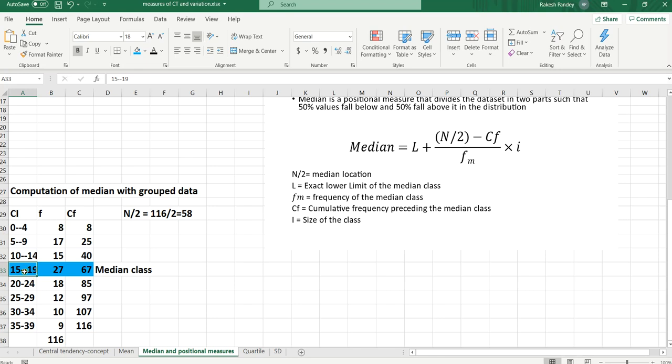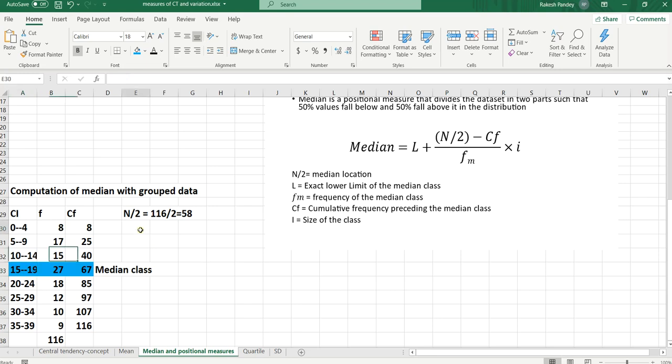We subtract 0.5 from the lower limit to get the exact lower limit. And if we are interested in the exact upper limit, then we will have to add 0.5. So 19.5 will be the exact upper limit of this class, and 14.5 will be the exact lower limit. How have we obtained this? By subtracting 0.5 from the lower limit.